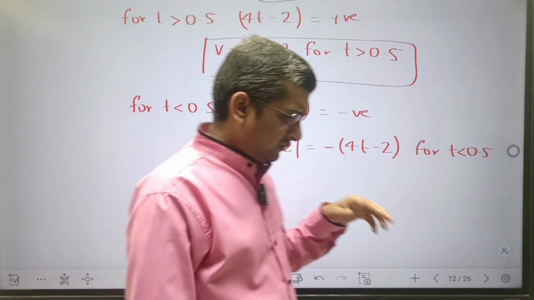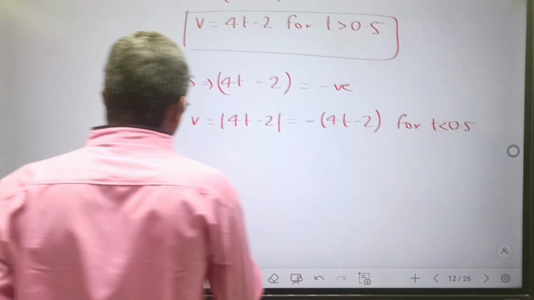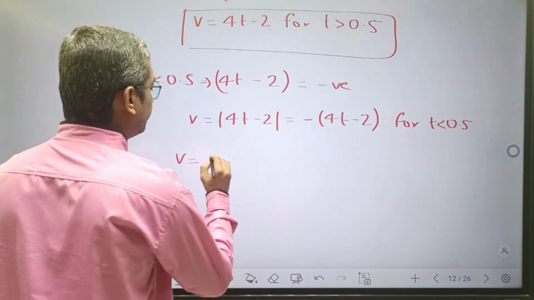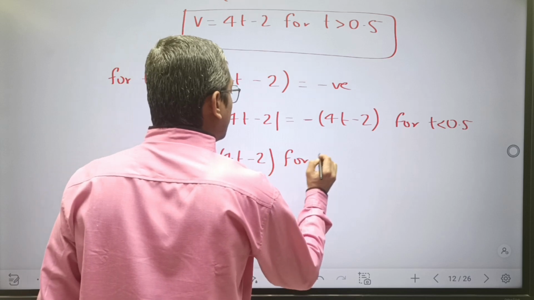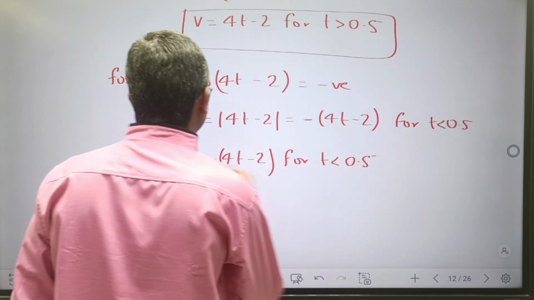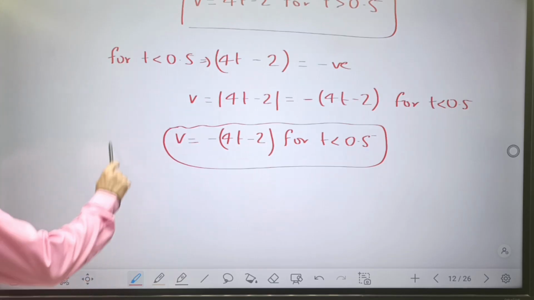Why? Because the modulus function can never be negative. So the second equation is minus of 4t minus 2 for t less than 0.5. This is the way you can use the modulus function.